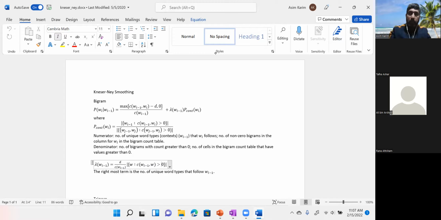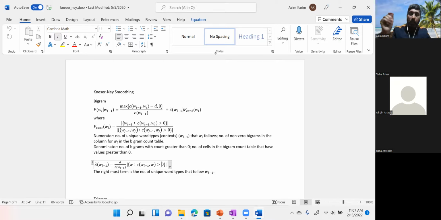So why are we interested in w_{i-1}? Because this is the amount that we had reduced from the previous expression where we subtracted d. We subtracted d from C(w_{i-1} w_i), we reduced it, and the normalizing factor was C(w_{i-1}).